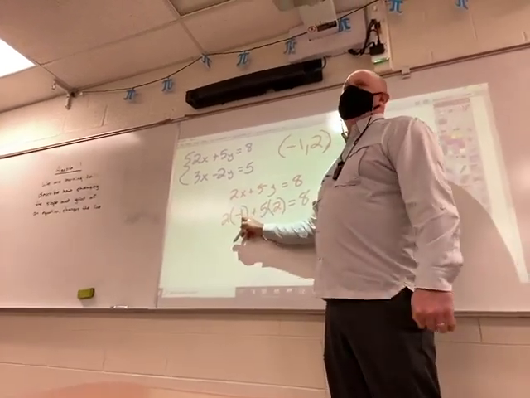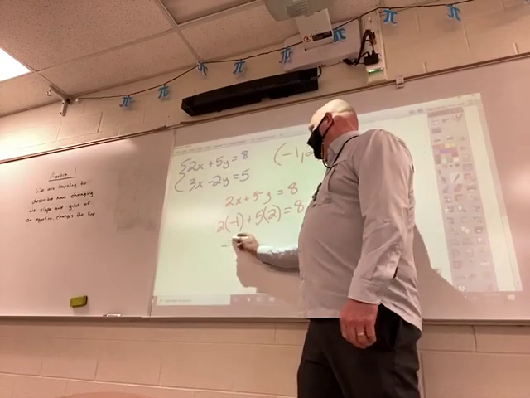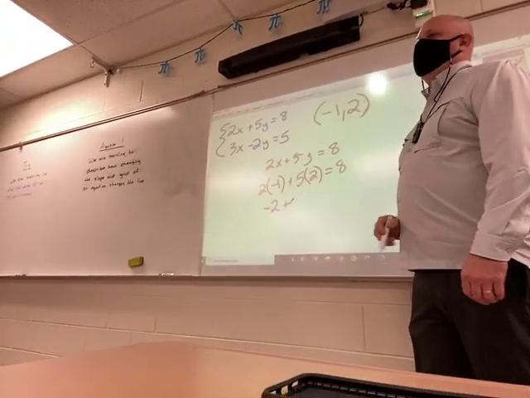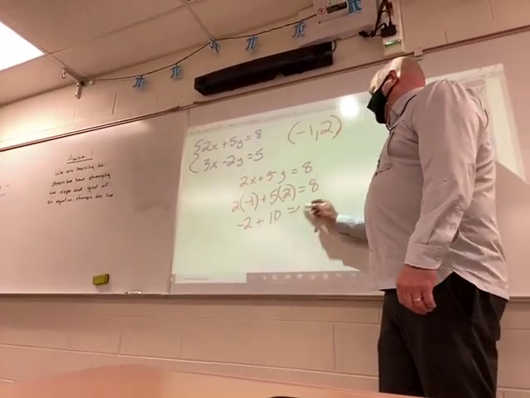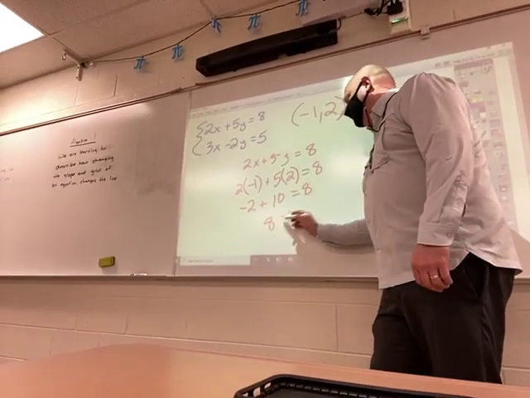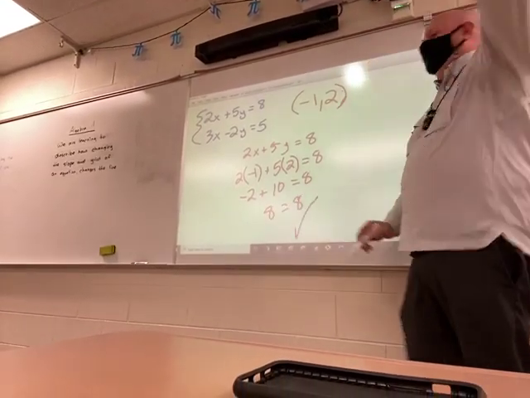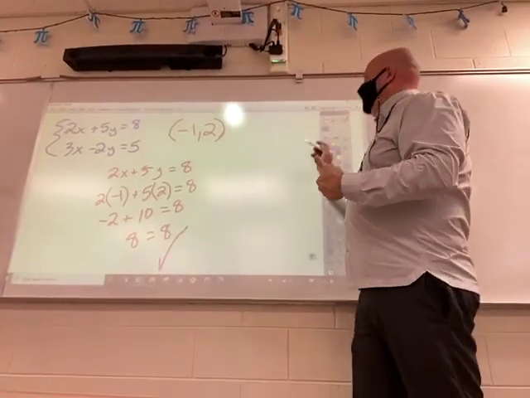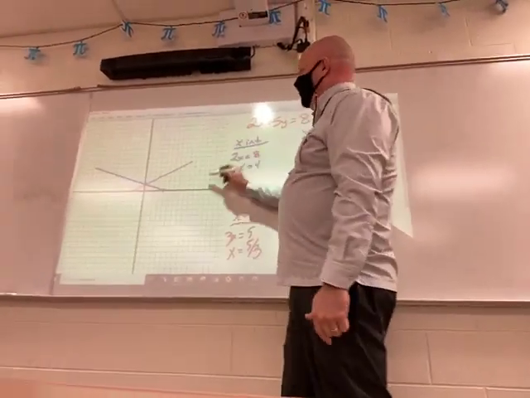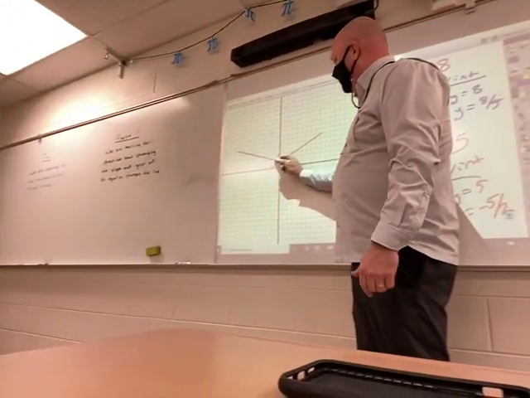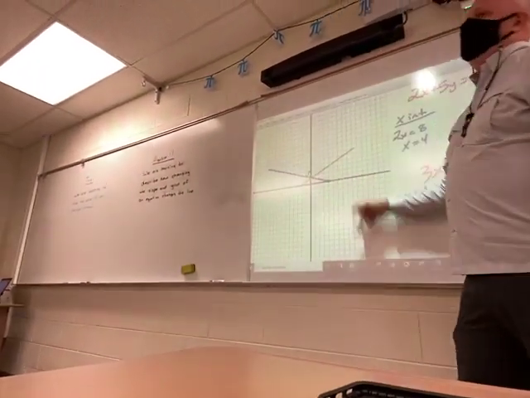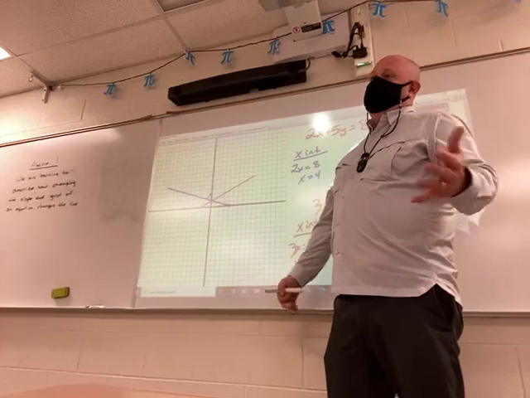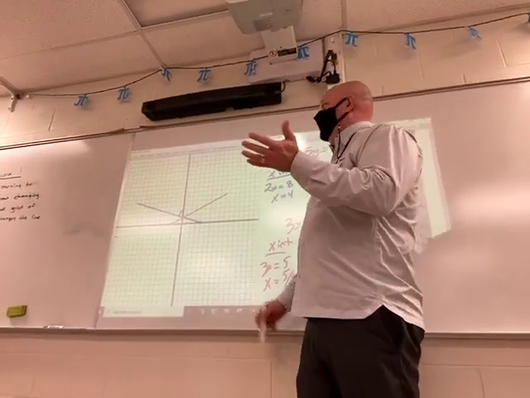What's 2 times negative 1? Negative 2 plus 5 times 2 is 10. Does that equal 8? Yeah, it worked in that equation. Does that mean it's the correct answer? No. All it means is this point of negative 1, 2, that means that blue line goes through that point. Okay, we established it works in one of the two lines.